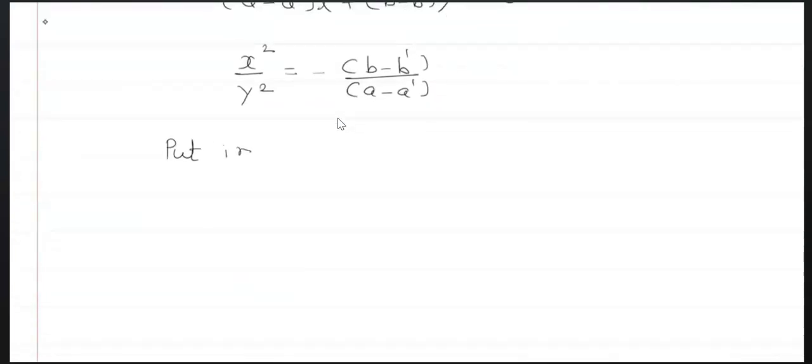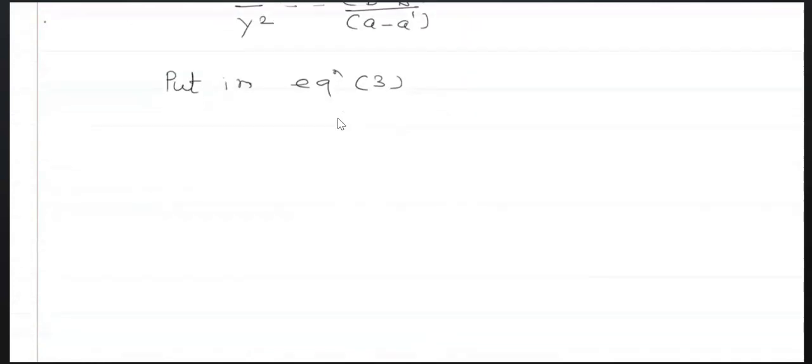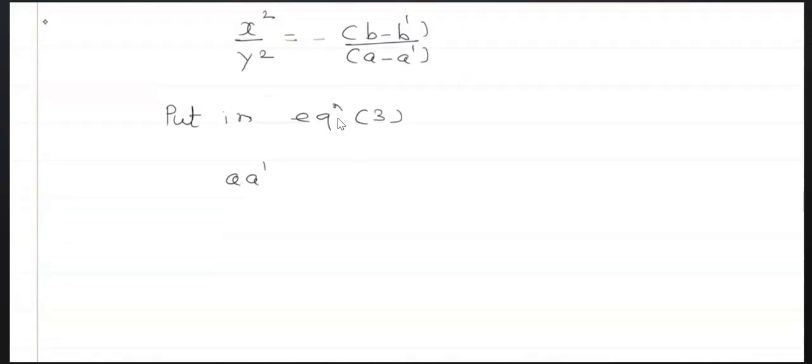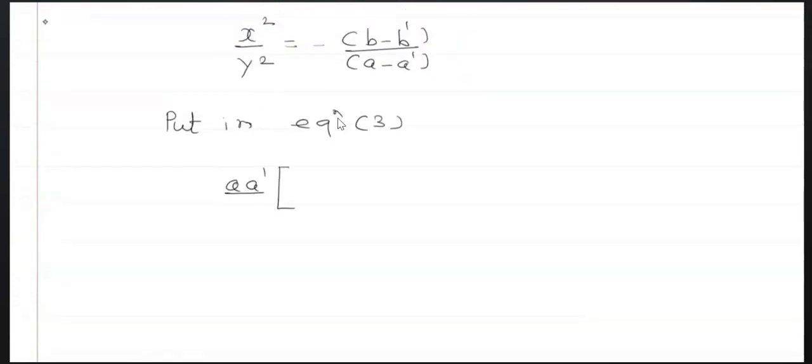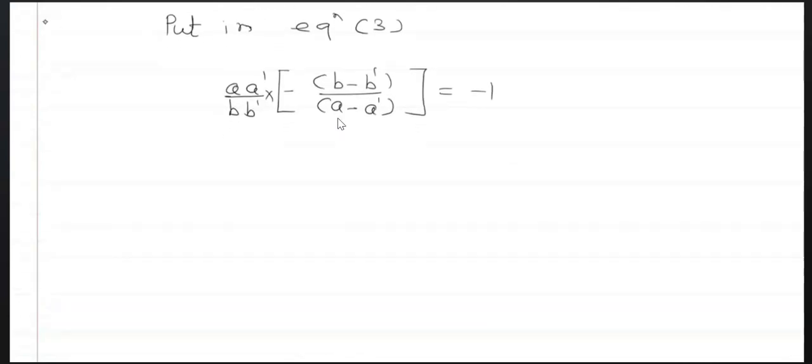So there we will substitute the values. That is, put in equation number 3: a into a dash upon b into b dash into minus in bracket b minus b dash upon a minus a dash, that is equals to minus 1.